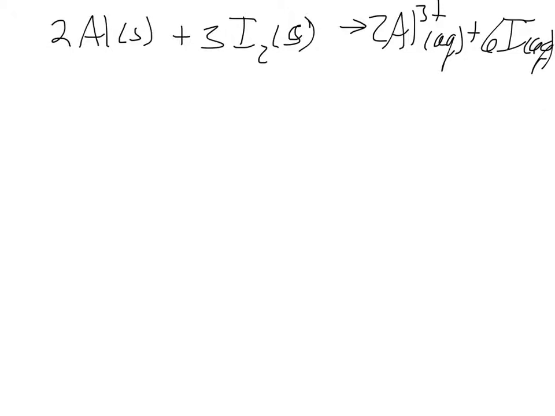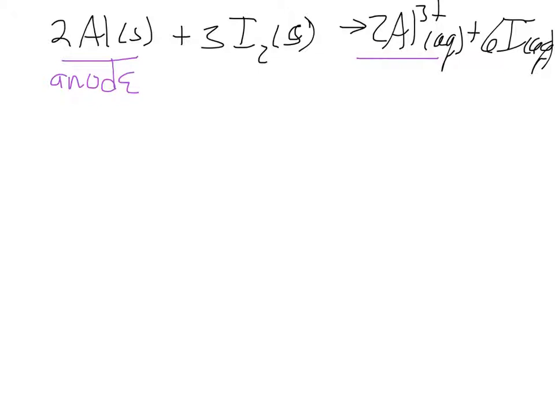Okay, so when you're looking at this problem, it works kind of like we did the last one. We have our balanced reaction, and the first thing you want to do is identify what the half reactions are. And so in this situation, we have aluminum metal going to aluminum 3+. So what's going on with the aluminum? It's being oxidized, so the aluminum is acting like the anode.